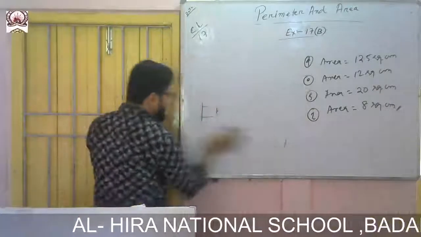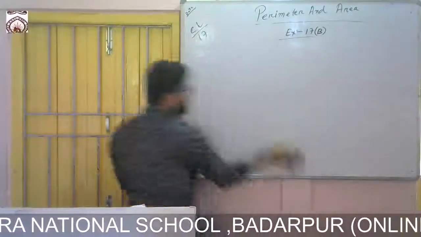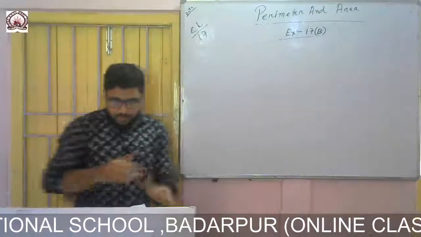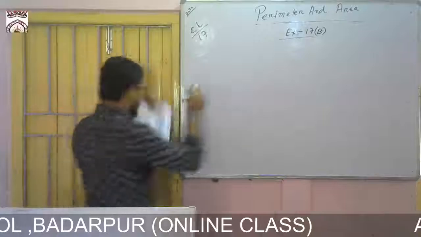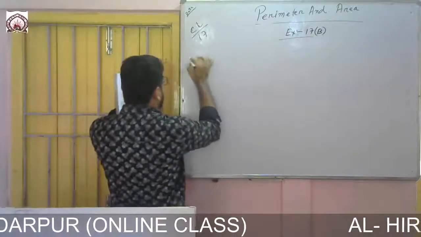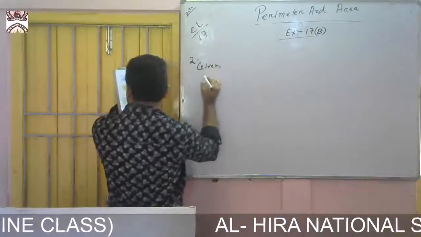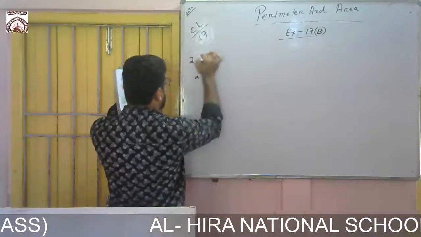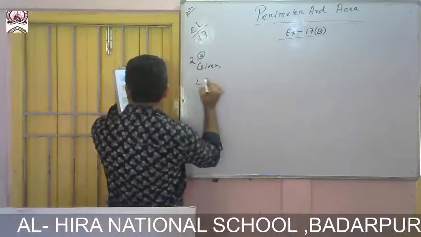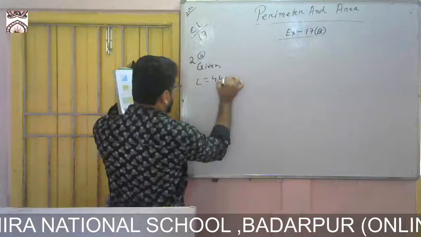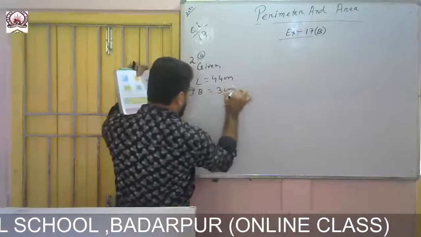So come to question number 2. Write given, number A. Question number 2A. L means length, as I said earlier, 4.4 centimeter. Breadth given 3 centimeter.